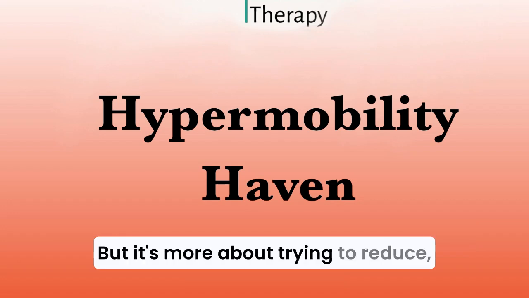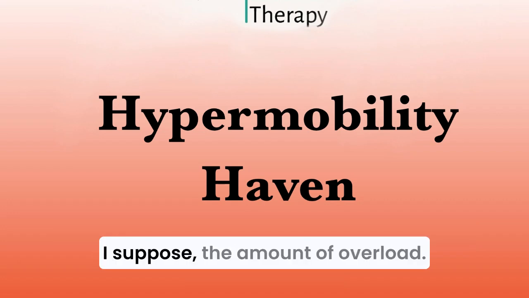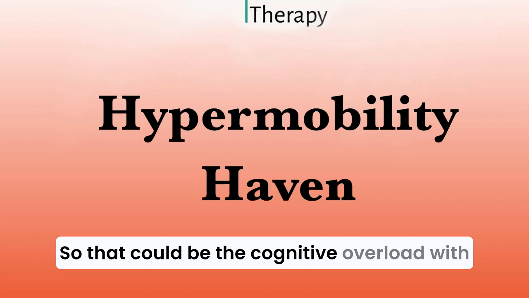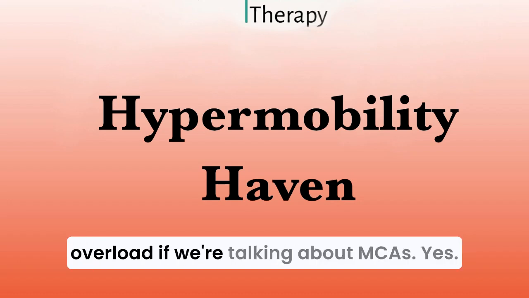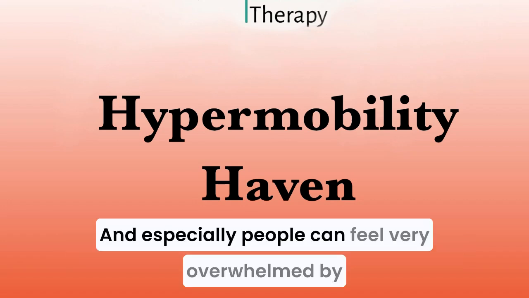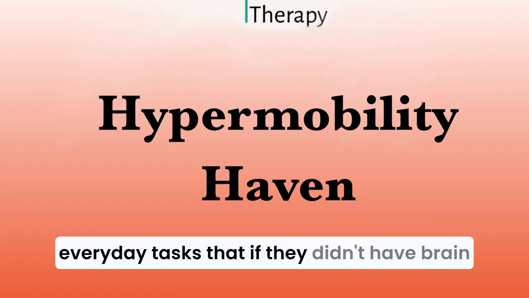It's more about trying to reduce the amount of overload. That could be the cognitive overload with brain fog, or the toxic overload if we're talking about MCAS. Yes, and people can feel very overwhelmed by everyday tasks that they might not struggle with if they didn't have brain fog.